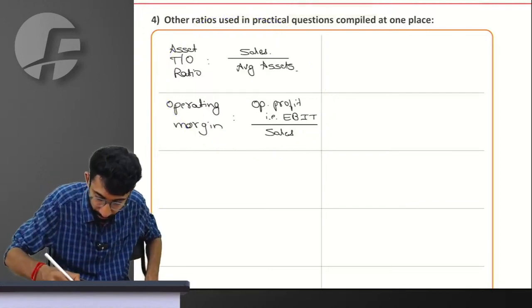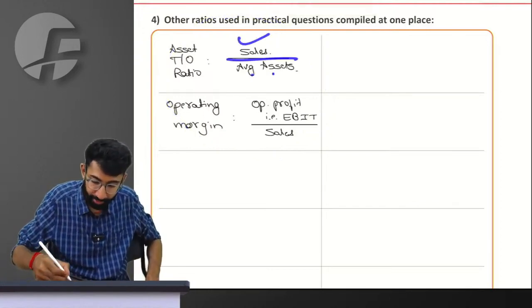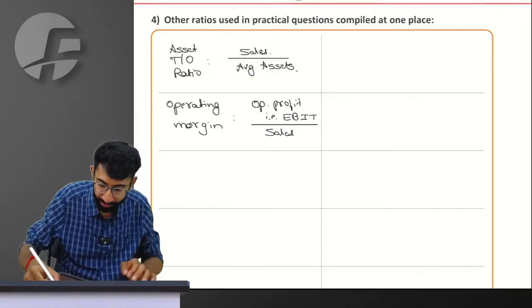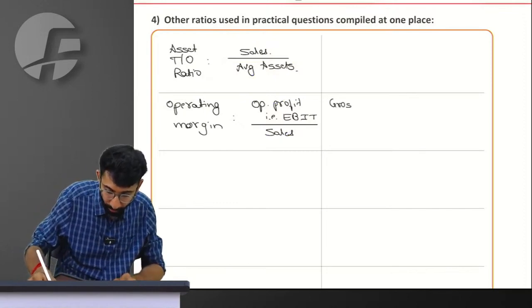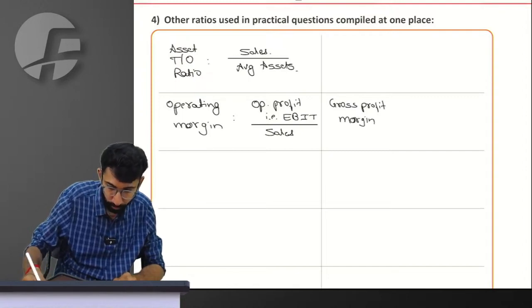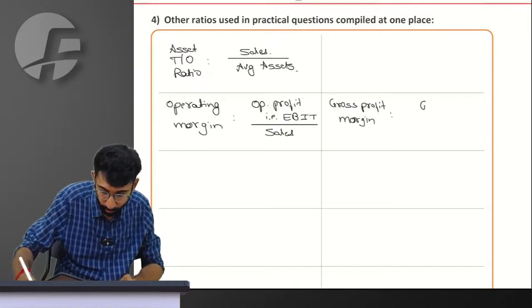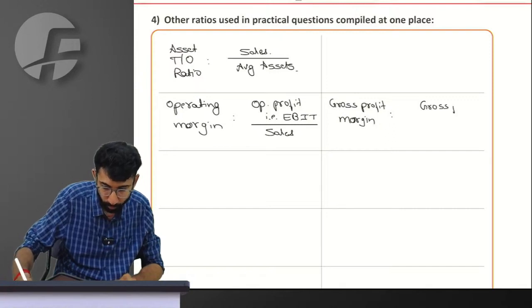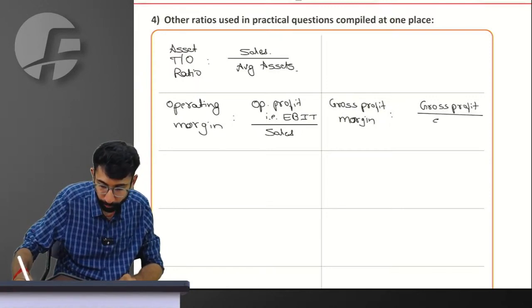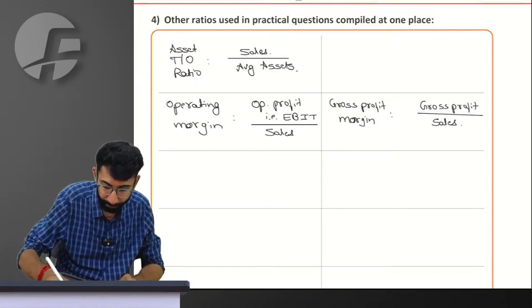So sales divided by average asset, and operating margin divided by sales. Now the gross profit margin, or the gross margin, will be gross profit divided by sales.